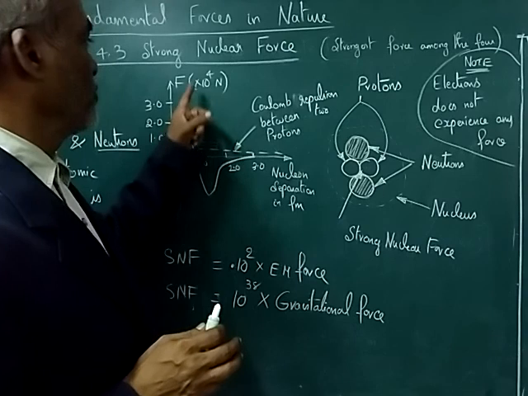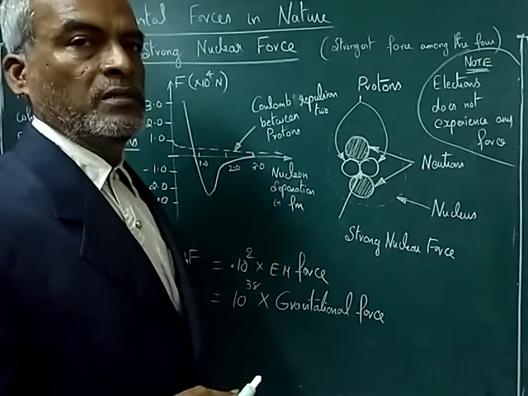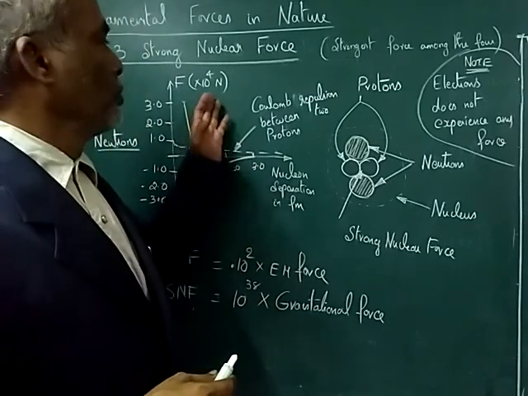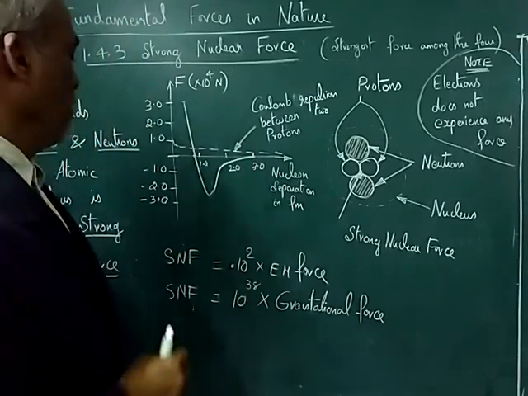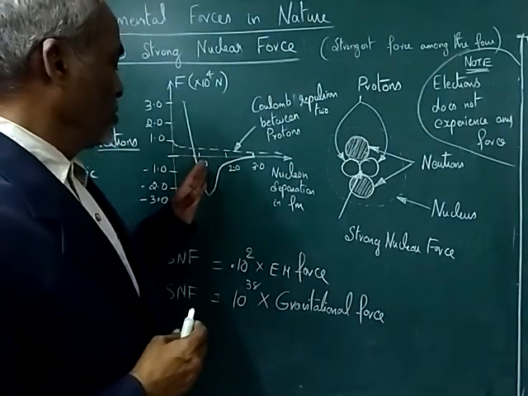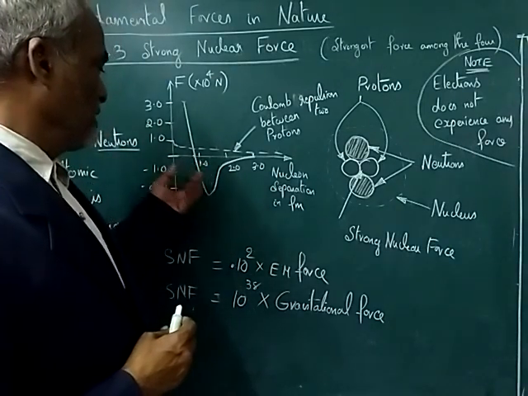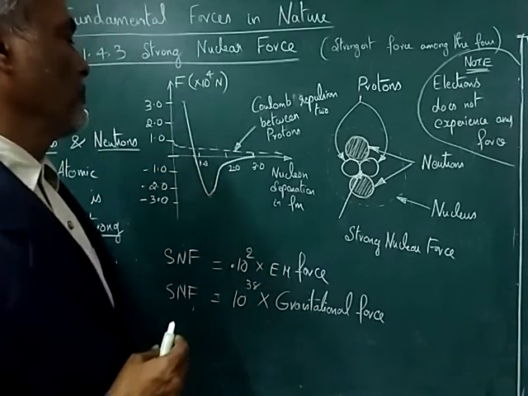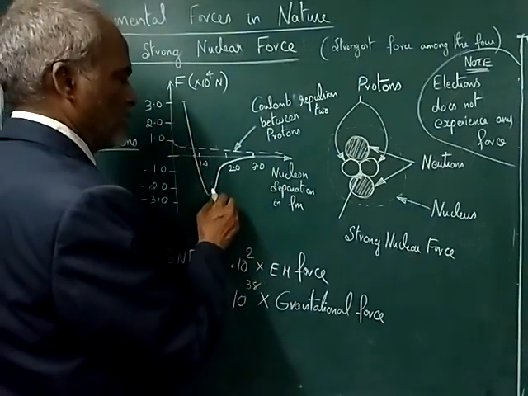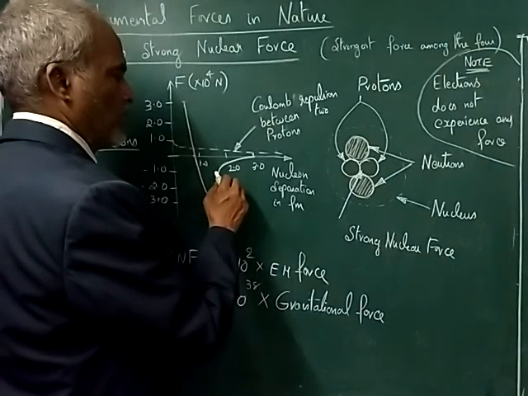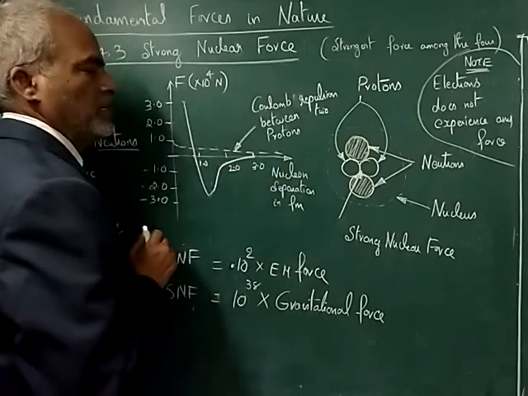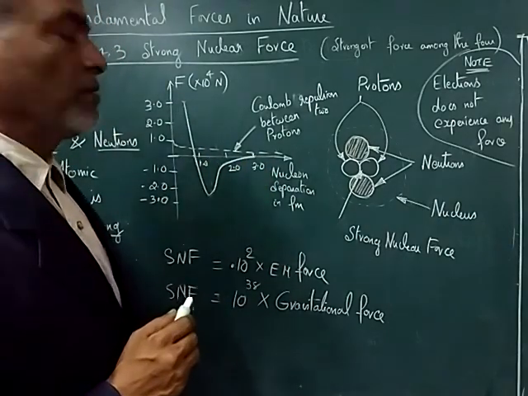So 2 into 10 power 4 Newton. This side is all repulsive. But if you slowly increase the distance, it tries to reach zero at 3 femtometer.